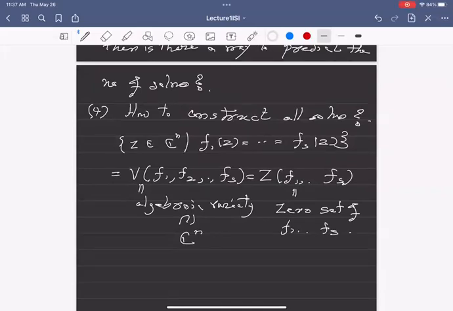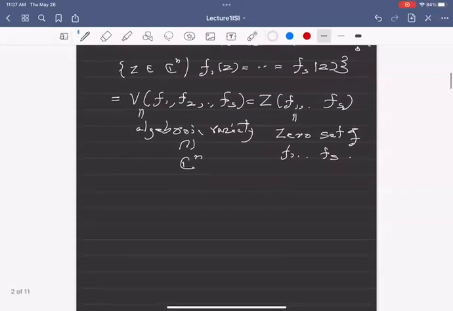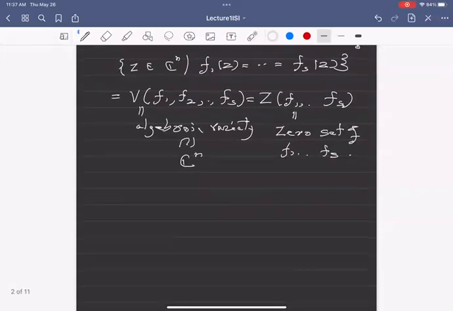Now let us see that. On one hand, I have Cn. This is called affine space, complex affine space. So we are forgetting the vector space structure and simply looking at the points in Cn as n-tuples of complex numbers.